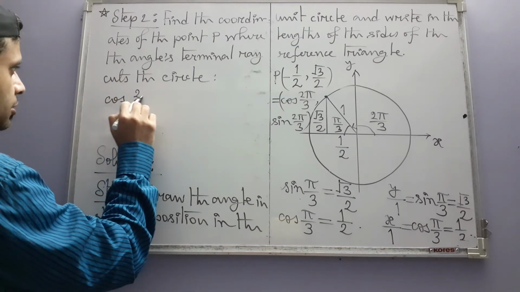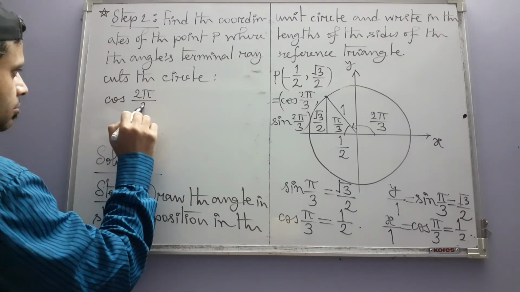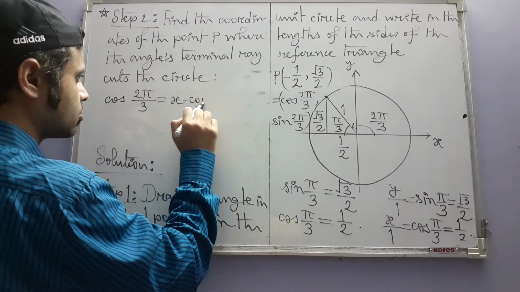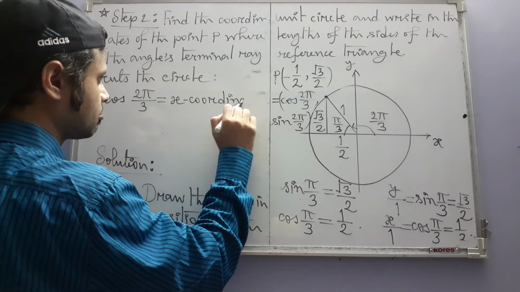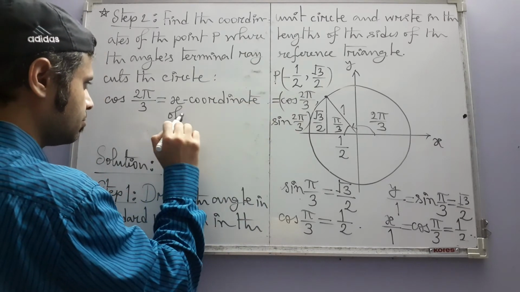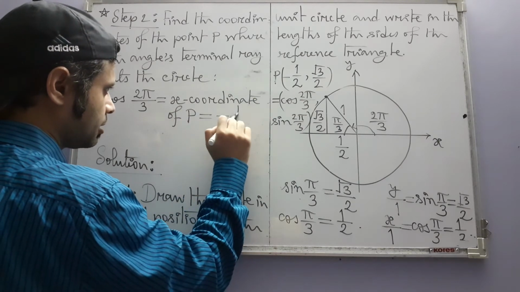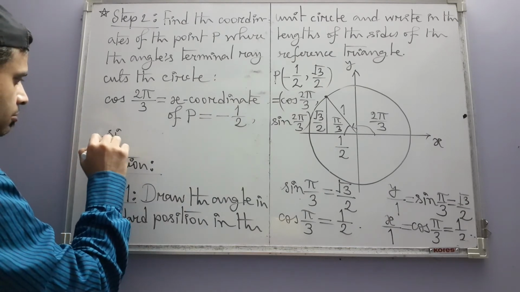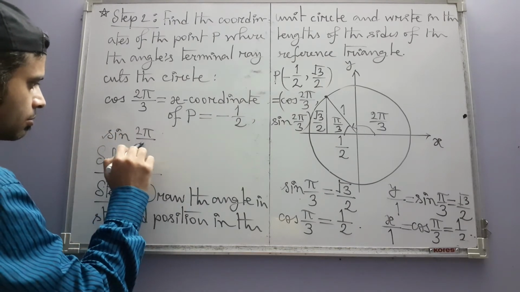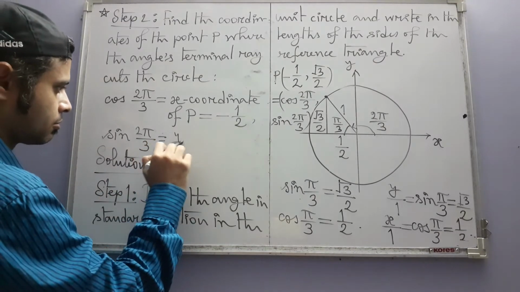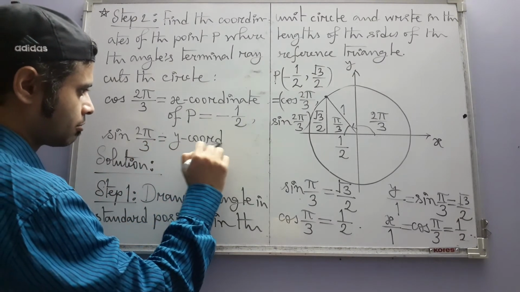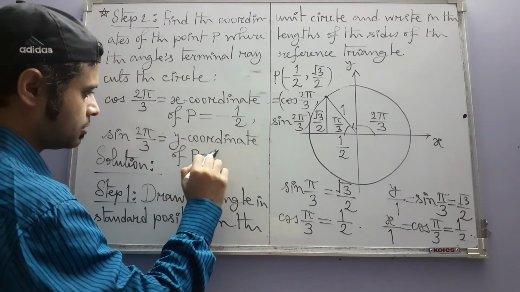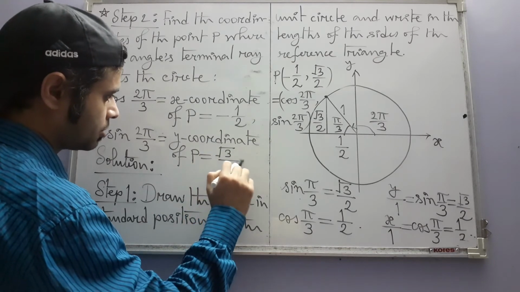So in doing so, we get the value of cos 2 pi by 3, which is the x coordinate of P, and that is minus 1 over 2, and the y coordinate of P, which is root 3 divided by 2.